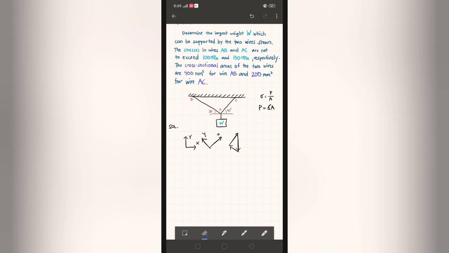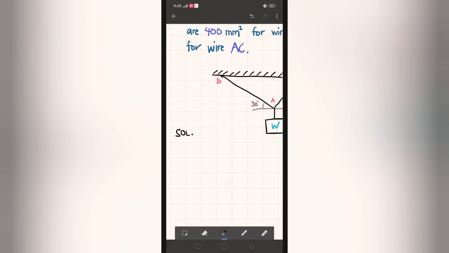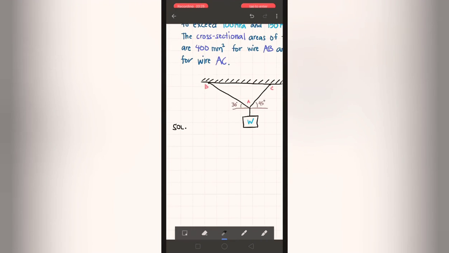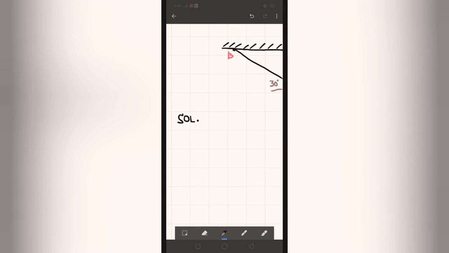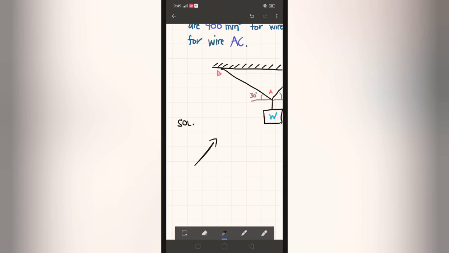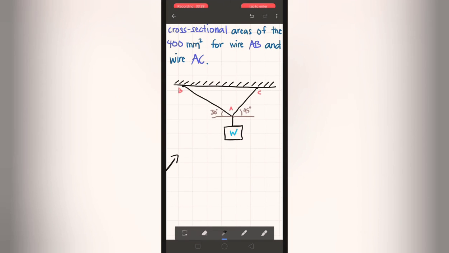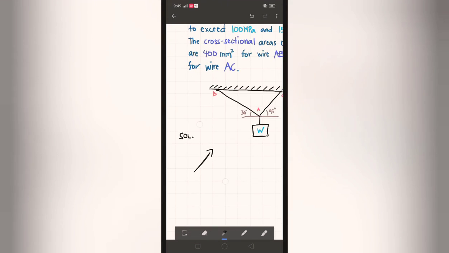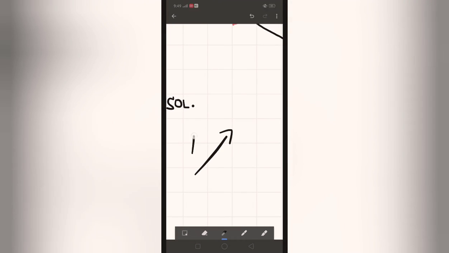So you can choose whichever you want here. For my solution here, I will just use force triangle. So to do that, just remember the head to tip or tip to tail. Since wire AC is in tension, in order to support this weight W, we'll draw it like this.